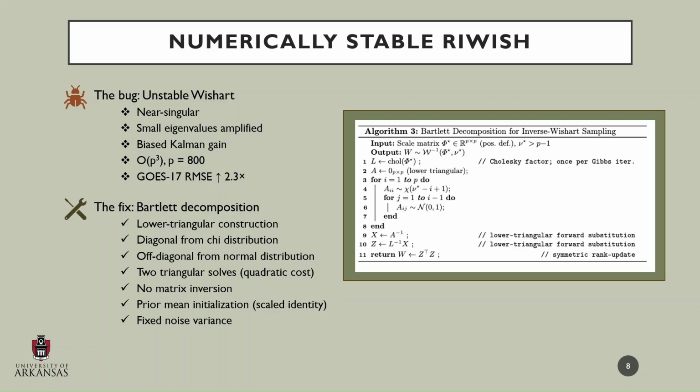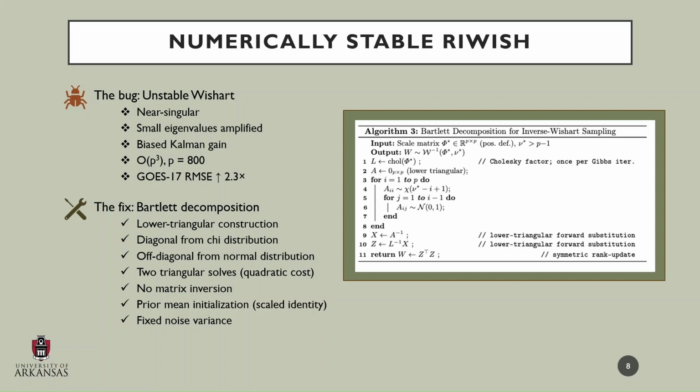The inverse Wishart samples are then recovered via two triangular solves, which are quadratic cost rather than cubic, and a symmetric rank update. This not only removes the numerical instability but also reduces computational cost, because triangular solves are much cheaper than full inversion.